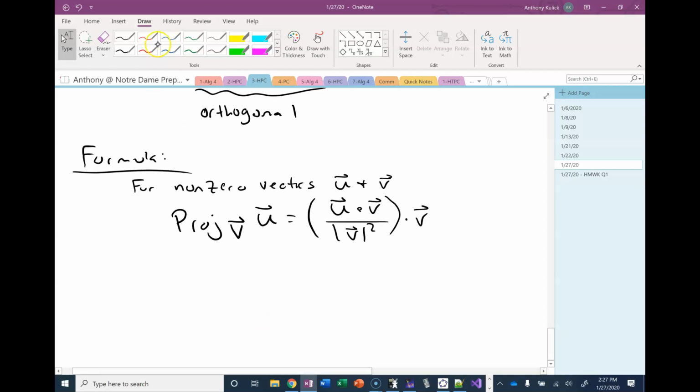So let's look at this fraction right here. What kind of result is the dot product divided by the magnitude squared going to give us? Is that going to be a vector or a scalar? That is going to be a scalar, right? The dot product is a scalar, and the magnitude is a scalar, and scalar over scalar is a scalar. And vector v is obviously a vector. So what do I call it when I do a scalar times a vector?